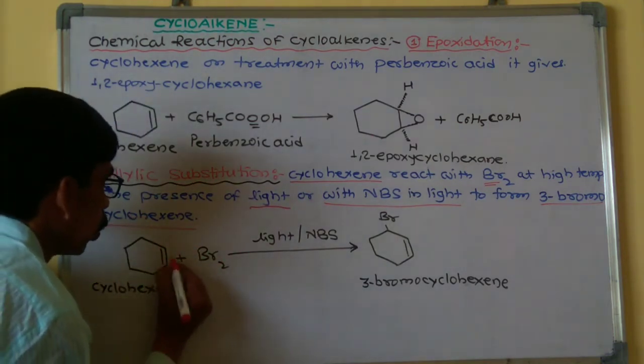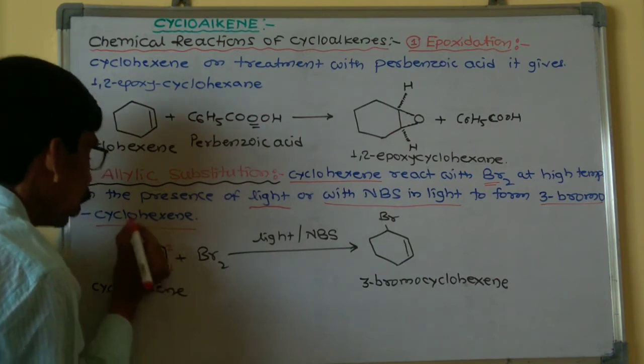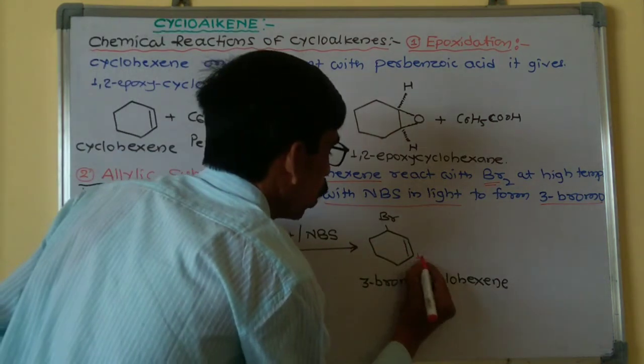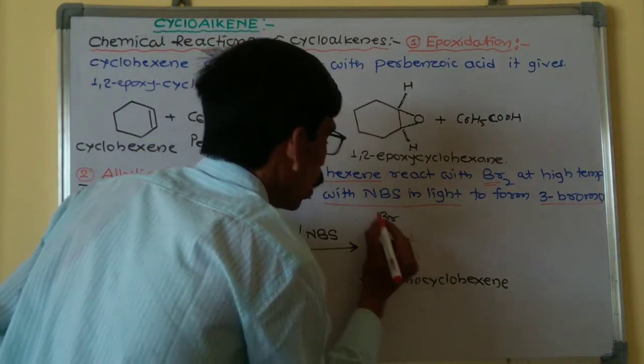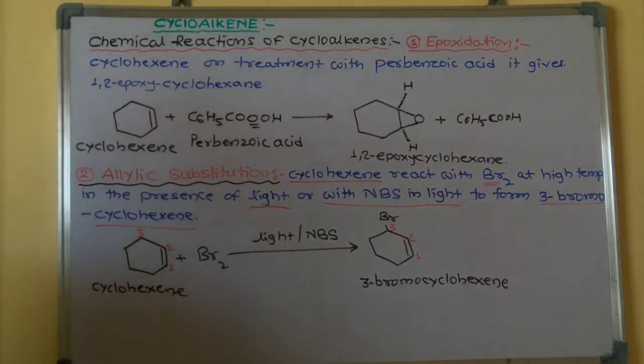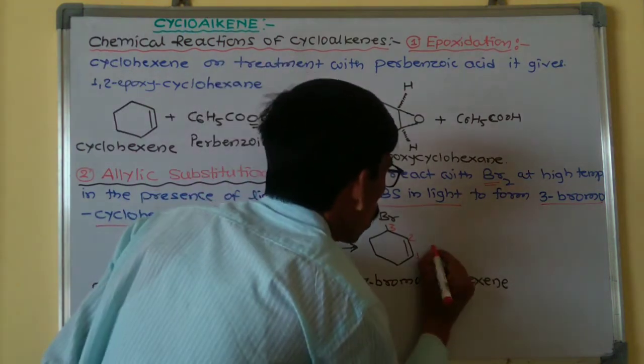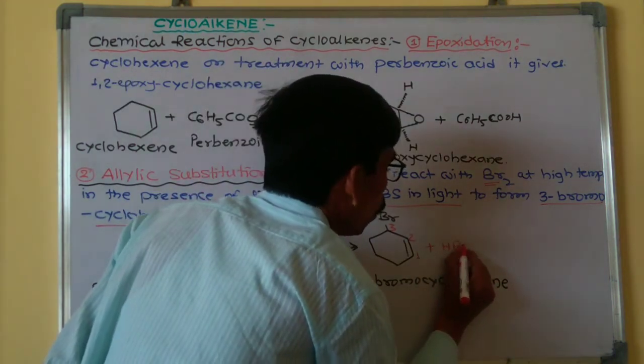This is 1, 2, and this is the 3. So this is 3-bromocyclohexene. Now plus what? Plus HBr.